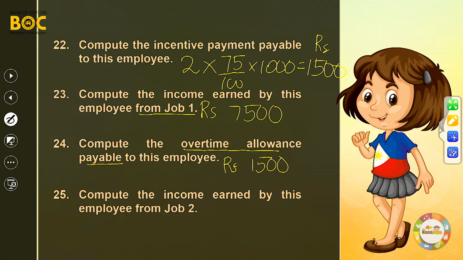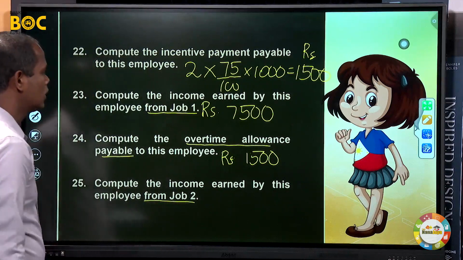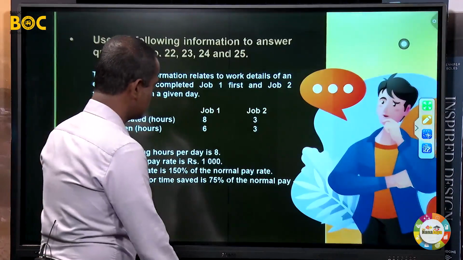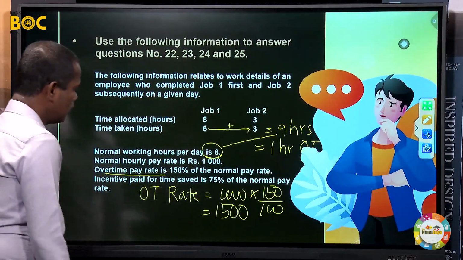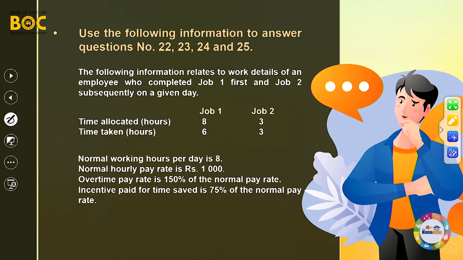The question number 25: compute the income earned by this employee from job 2. It's clearly mentioned he completed job 1 first and job 2 subsequently.